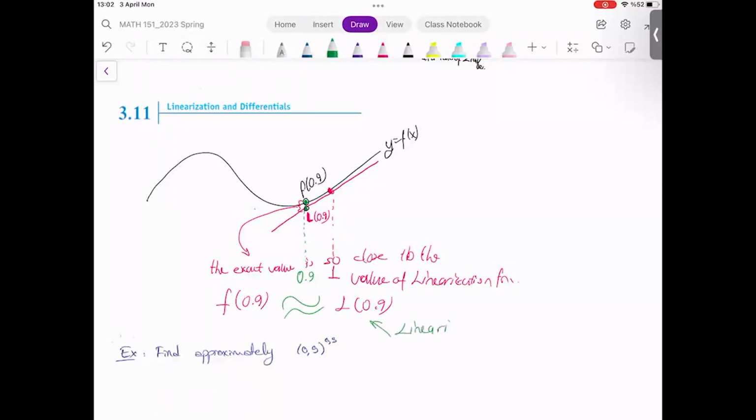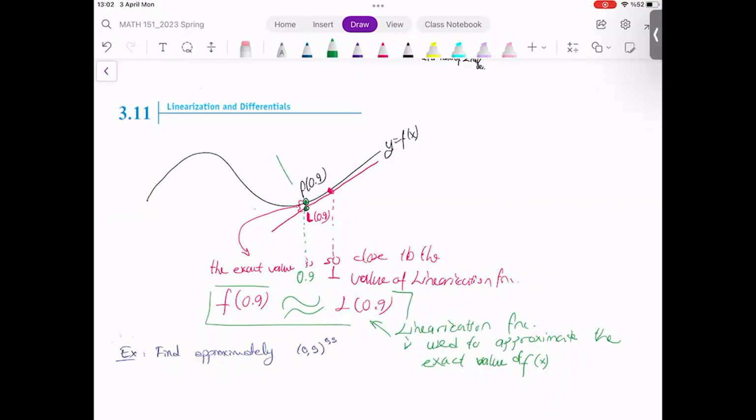So we will be using linearization function to approximate the exact value of functions, the exact value of f of x. Okay, this is the importance. In fact, this summarizes the importance of it and why they are so close to each other.